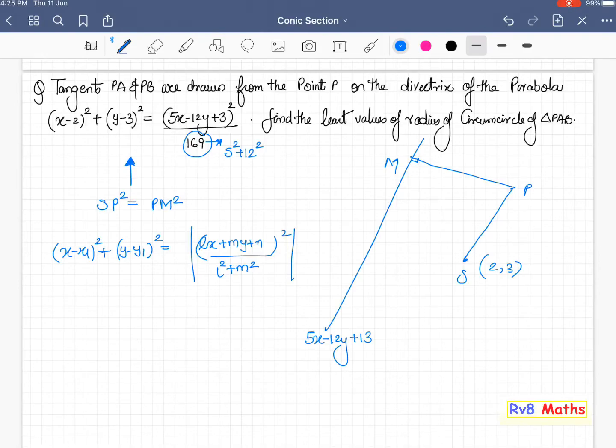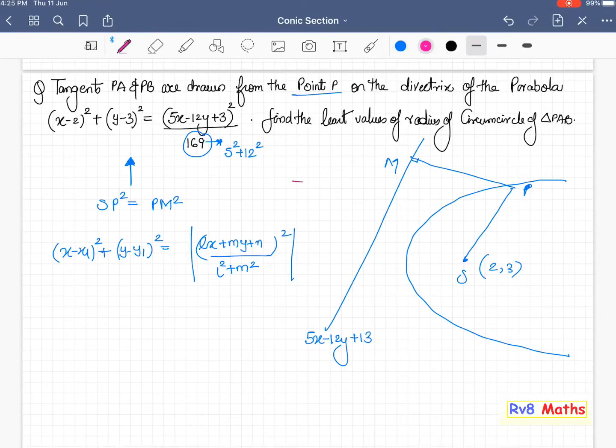Now what do they want? They want to find the least value of the radius of the circumcircle of triangle PAB. So let there be a parabola like this. Tangents PA and PB are drawn from the point P on the directrix. Now I will not consider this point to be P, otherwise it will create confusion.